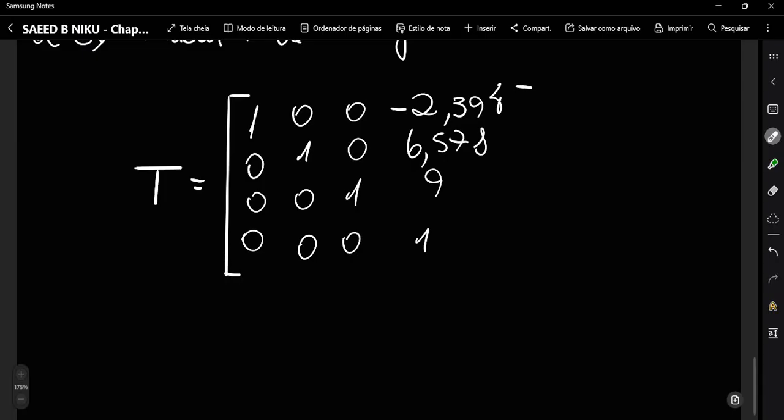The column with the elements that represent the position of the end effector is that one, and as this is z, y, and x, when we saw this, it turned out obvious.